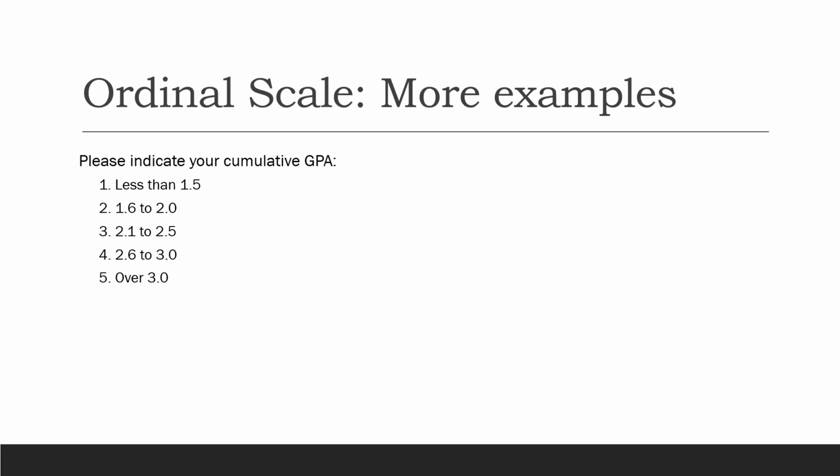We go to the last example. Actually, this is the old example from Gaelic. Please indicate your cumulative GPA, and then Gaelic provided 5 options: less than 1.5, 1.6 to 2, 2.1 to 2.5, 2.6 to 3, and over 3 CGPA. So we assign codes 1, 2, 3, 4, and 5 to each response category.